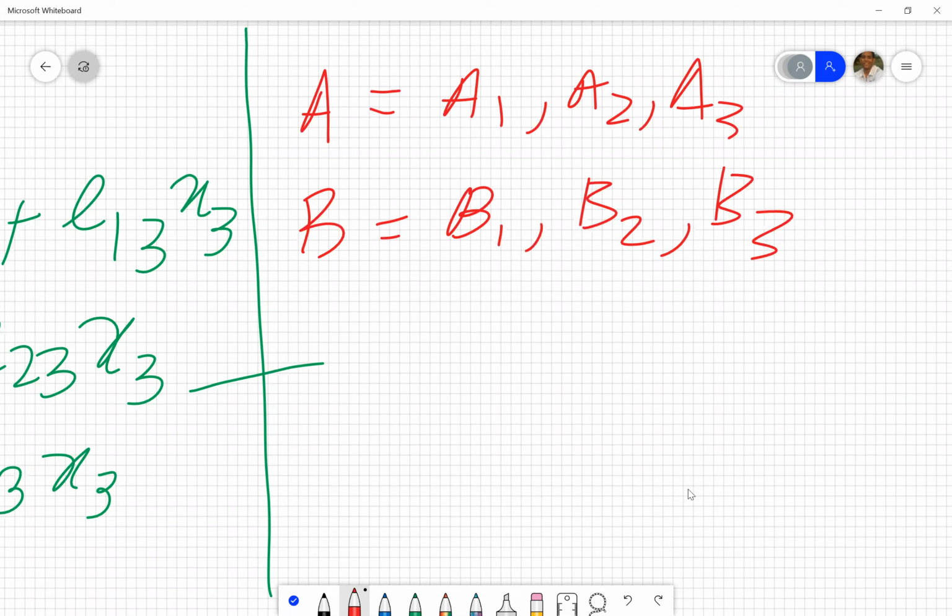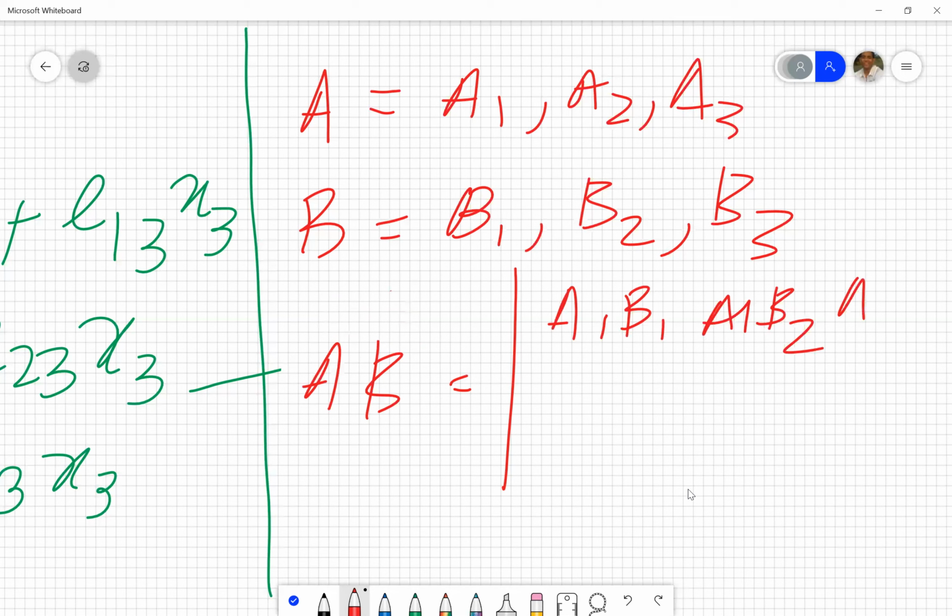If you go for the multiplication of these two vectors, that means we are multiplying A and B. What will be the result of the vector multiplication? Writing it here, what is the format of writing this vector multiplication? All the quantities are multiplied: A1 B1, A1 B2, A1 B3.